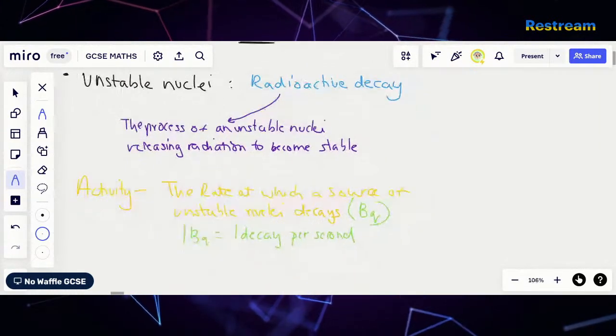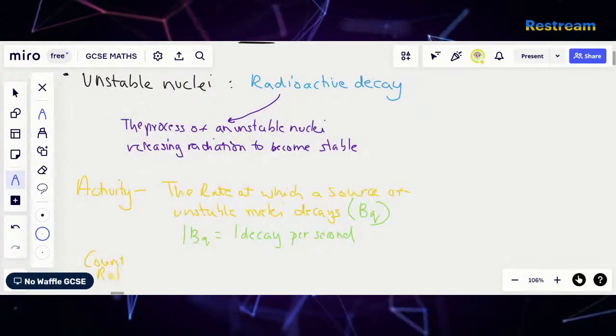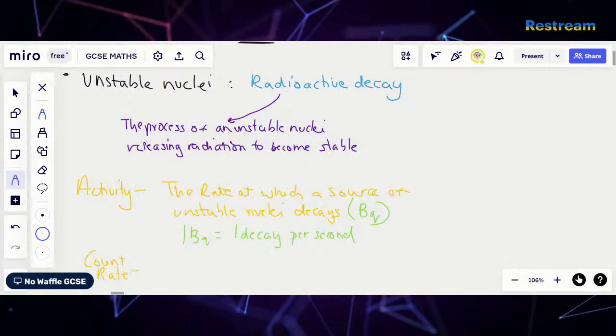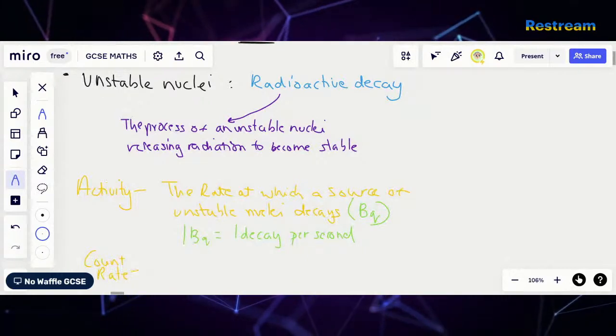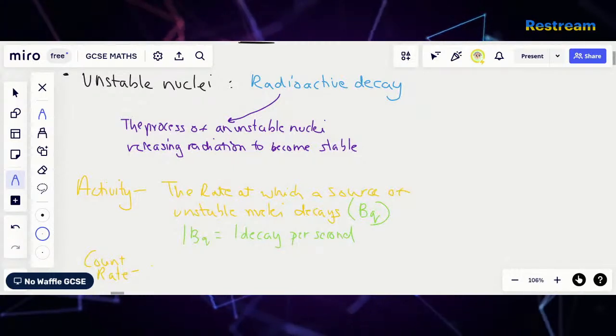We also have another measure, which is called count rate. Now, count rate is hugely similar. Count rate is the number of decays per second recorded by a detector.